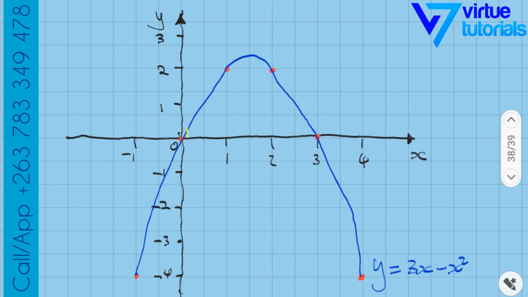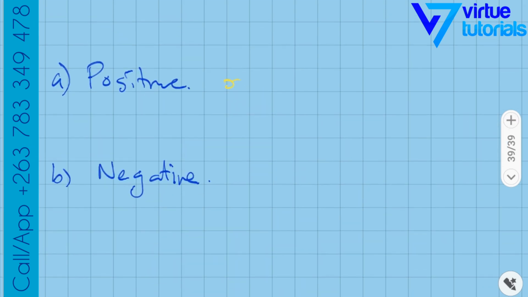The curve is above the x-axis from 0 all the way up to 3, right? That's when it's above. So that's when this function is positive. This function is positive for values of x that start from 0 going to 3, okay?